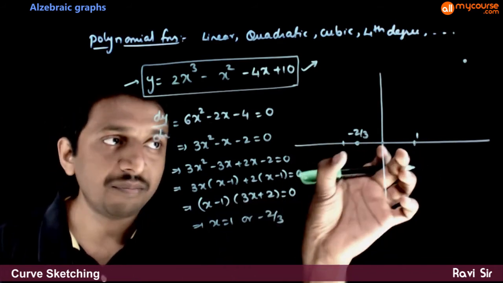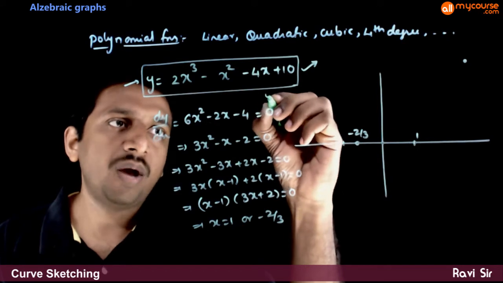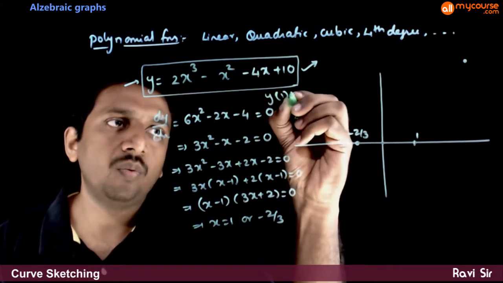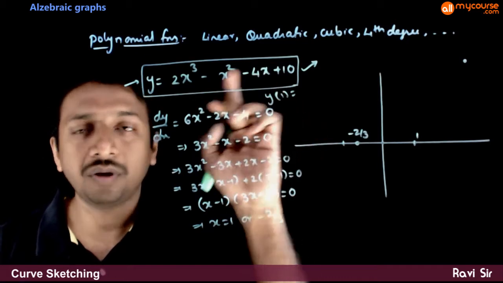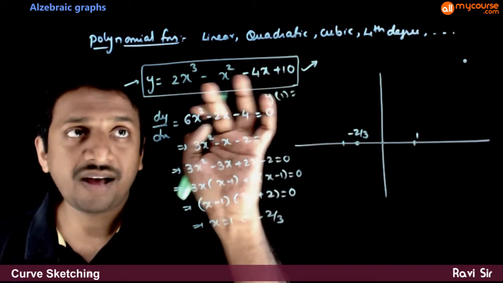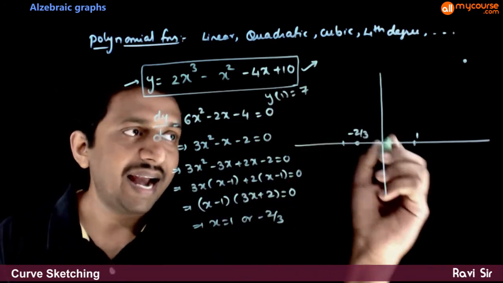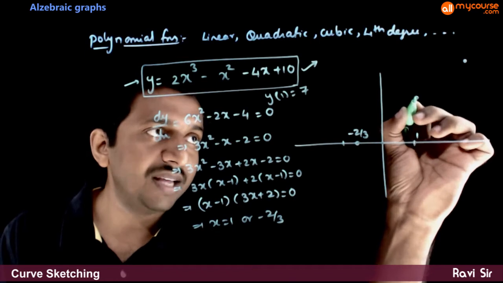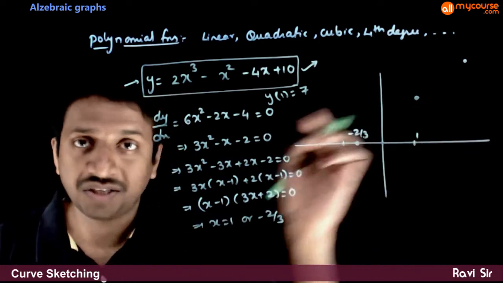And what are the maximum and minimum values? You put x is equal to 1. So y at x is equal to 1 is equal to 2 minus 1 minus 4 plus 10. So 10 minus 5 is 5, plus 2 is 7. At x is equal to 1, the value of y is 7. It's a positive value.